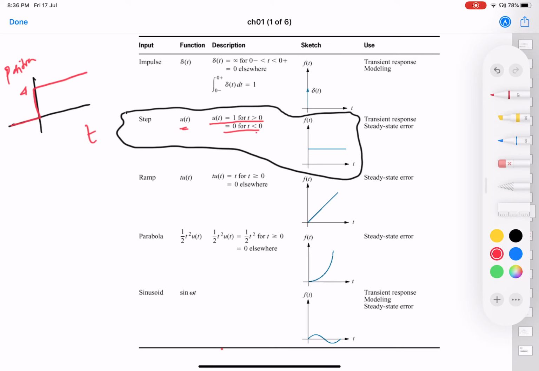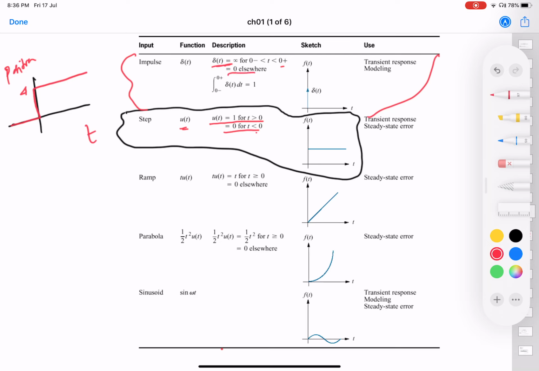Another very important input is the impulse input, which is shown here. So the impulse input is like you're putting a lot of energy into the system at time t equal to 0. So you're giving it an impulse. That's what the name suggests. So the value of the impulse is infinity between 0 minus, which is very close to 0 from the negative side, and 0 plus, which is very close to 0 from the positive side.